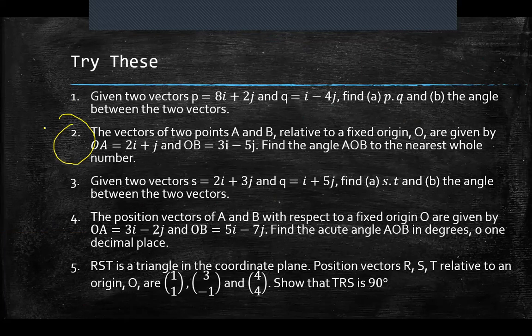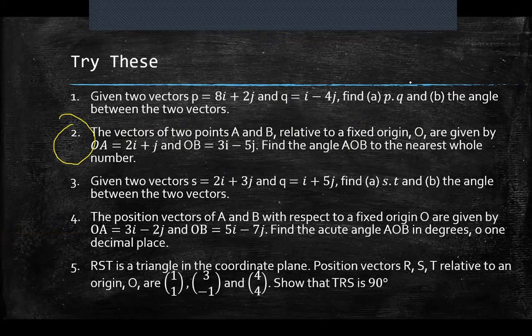Number 2, let's go. Let me just read it out. The vectors of 2 points A and B relative to a fixed origin O are given by OA is equal to 2i hat plus j hat, and OB is 3i hat minus 5j hat. Find the angle AOB to the nearest whole number.